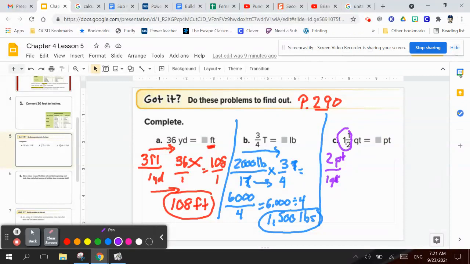I have to change that to an improper fraction. So 1.5, I multiply 1 times 2. 1 times 2 is 2. I add that to my numerator. 1 plus 2 is 3. My 2 stays the same. So that's going to be 3 over 2.